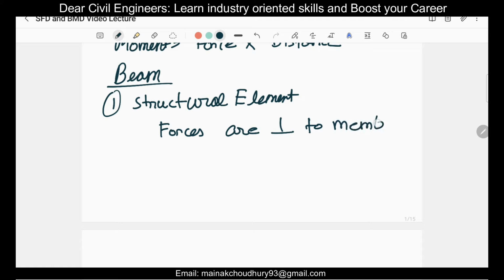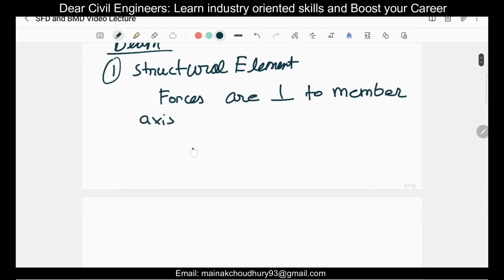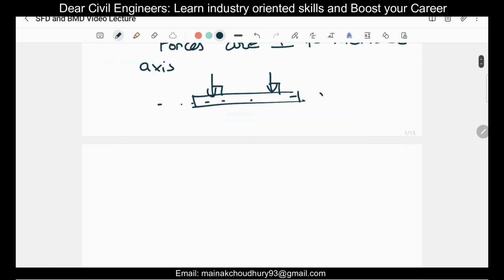What does this mean? This is one definition of a beam; there are lots of definitions. Suppose this is a beam, and all the forces acting are perpendicular to the member axis. If the member axis is like this, these forces are at 90 degrees.